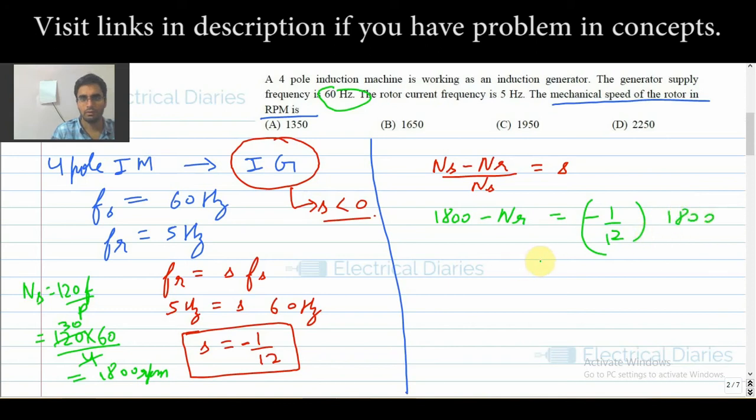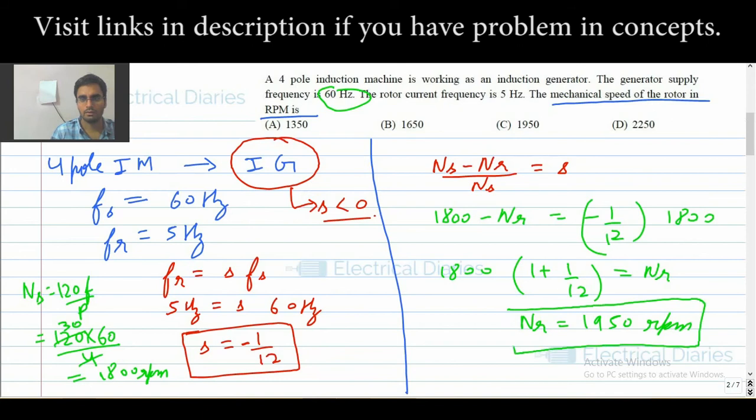So on solving this expression, what you will get is 1800 times (1 plus 1 by 12) is equal to NR. So on solving this, you will get NR is equal to 1950 RPM. I am getting 1950 RPM here. Okay, so that is the answer.